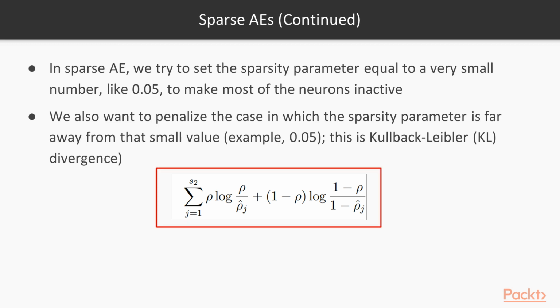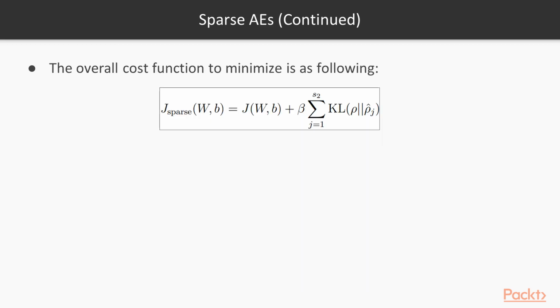The second formula that you can see in this slide shows the Kullback-Leibler, or KL, divergence. It shows how far away two distributions are from one another. Since the target sparsity parameter is small, we also want rho to be small. So we need to minimize the KL divergence as well as the cost function. The overall cost function to minimize is what you can see here in the formula.